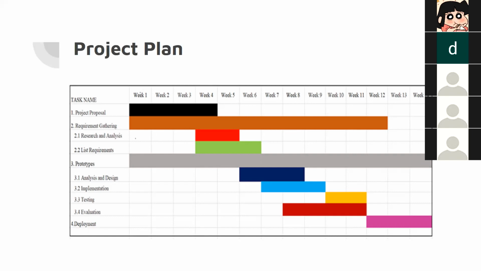The analysis and design start on week 6 and week 8, implementation starts in week 7 to week 9, and testing starts in week 10 to week 11. In the evaluation, we evaluate the website on whether it functions properly or not. We start on week 8 until week 11. And lastly, the deployment is on week 12 until week 14. Next.